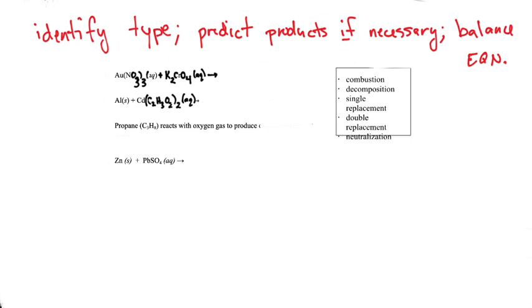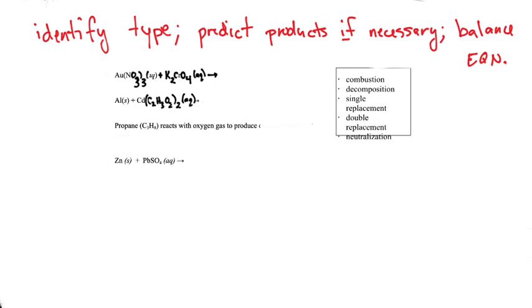So in identifying the type, if we start with that first question, what we're trying to do is look to see how that matches our patterns. First and foremost, it starts with 2 things. Because it starts with 2 things, we immediately know what reaction this is not. One of our reaction types starts with 1 thing.